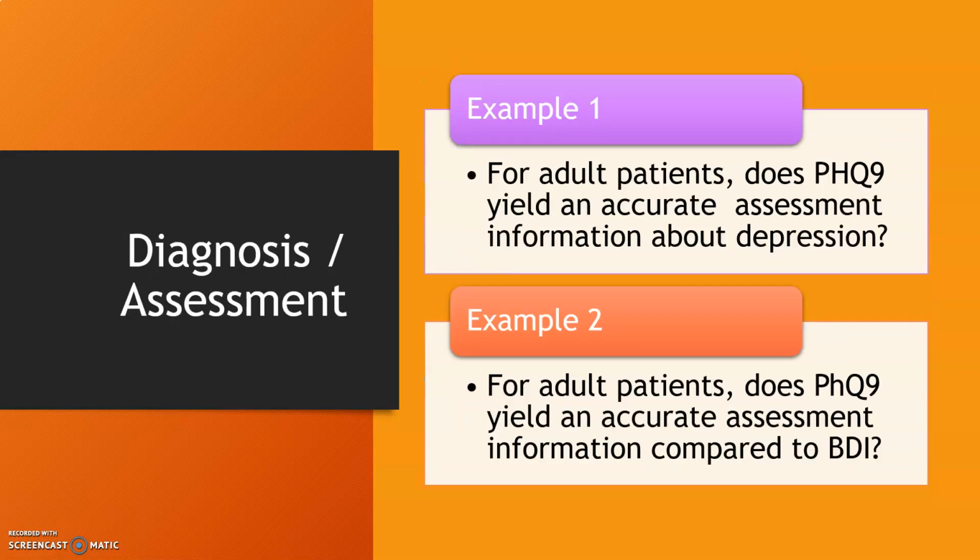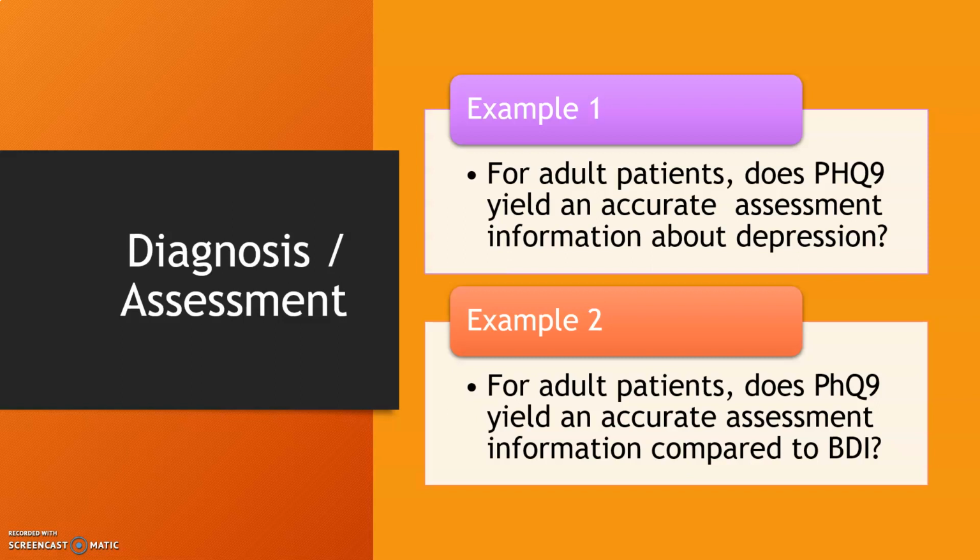Let's look at 2 examples for a diagnosis/assessment kind of PICOT question. For example 1, for adult patients, does the PHQ-9 yield accurate assessment information about depression? If you notice, this doesn't have any comparison and it doesn't have any time frame.